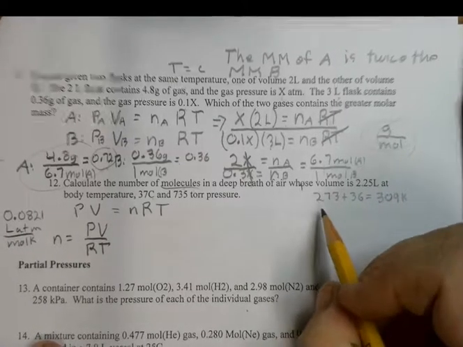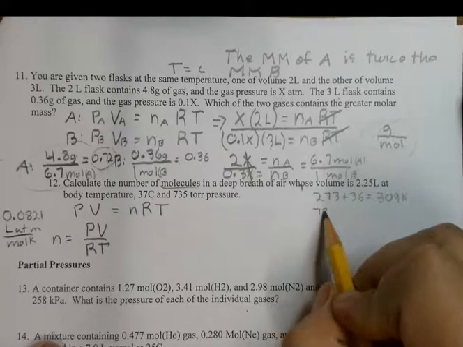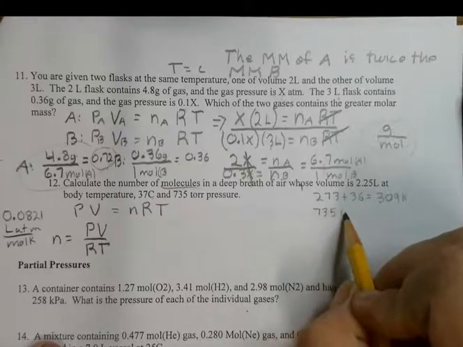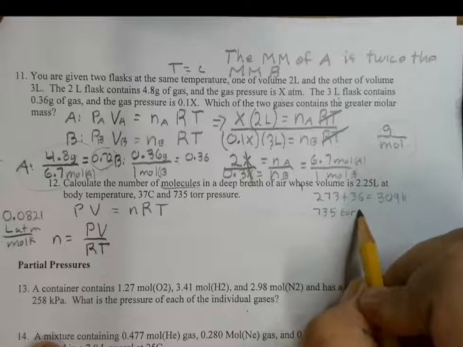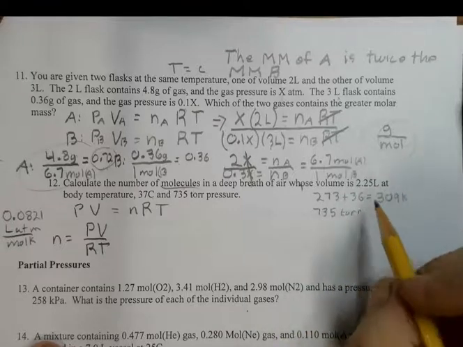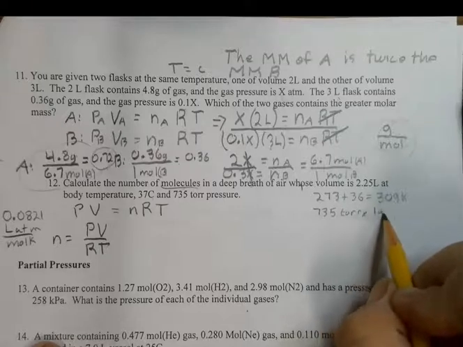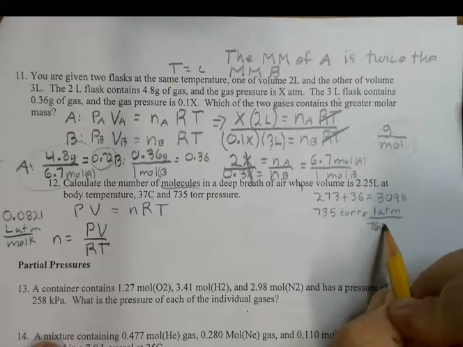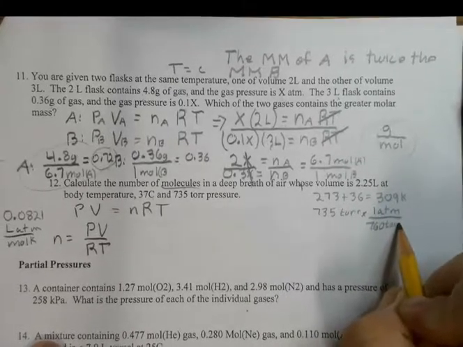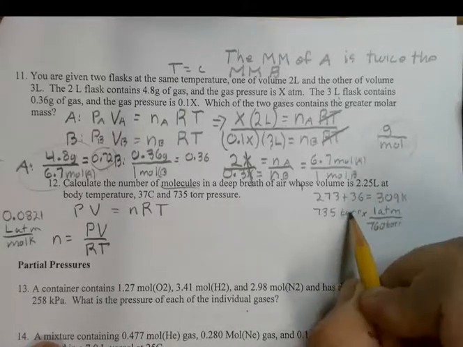Now for the pressure. We start with 735 torr. And go to your conversions, and we need to get it to atmosphere. There's 1 atmosphere for every 760 torr. We need torr to cancel, so cancels and cancels.